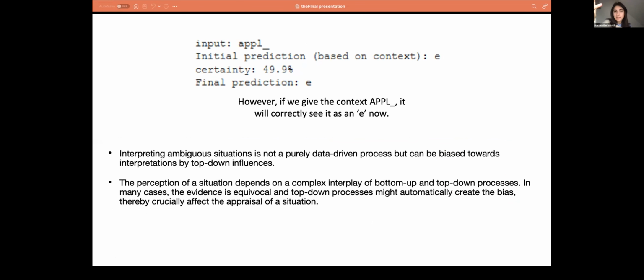Even though we can see something as R, when we're provided with a context, we see it in its respective shape. It exemplifies that our top-down stored sequences bias us towards certain interpretations, and the perception of the situation depends on the complex interplay of bottom-up and top-down processes.